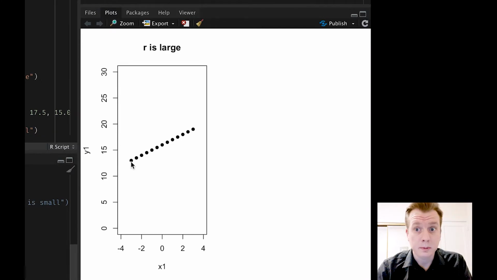We would say that the correlation is high, or the r is high. In this case, the correlation is perfect, so in fact r equals 1. We can also put a line of best fit, or a regression line, and you can see that the line hits every single point evenly. So this is a really good correlation.